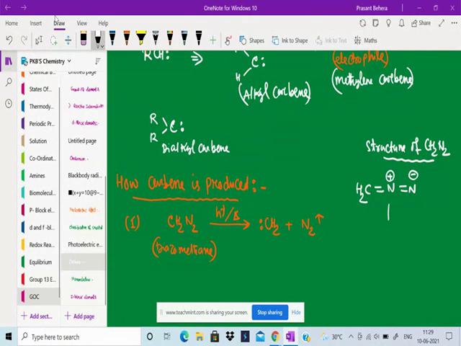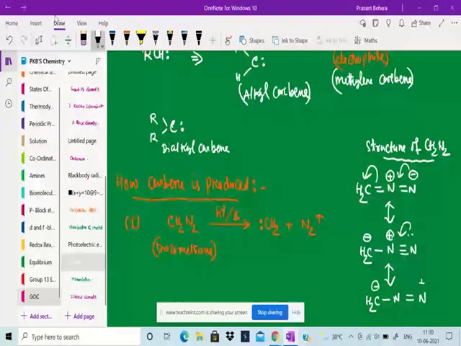It can undergo resonance. Electron delocalization takes place in this way, so it converts to this type of structure, CH2 single bond N triple bond N, with plus and minus charges. Again it rearranges, and this is a lone pair of electrons. Then we get CH2 minus, N double bond N plus.